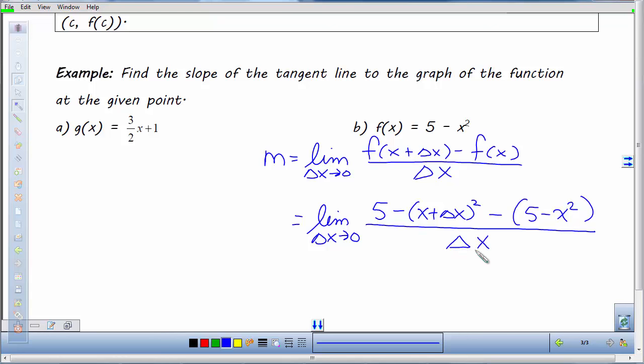Okay, from here, we're going to just simplify. And before we do that, let me point out, we were looking to express f of x plus delta x, and so I did that here. And then we also have just f of x, and that's right here.